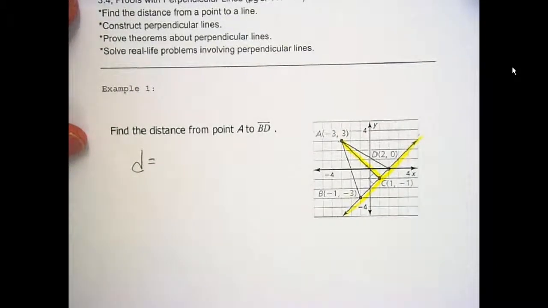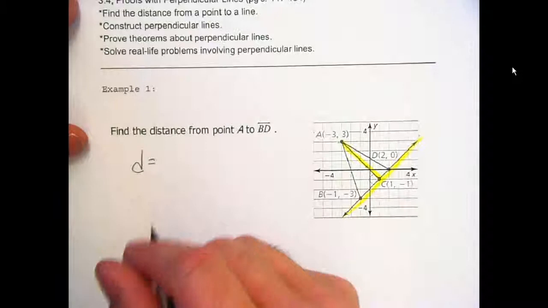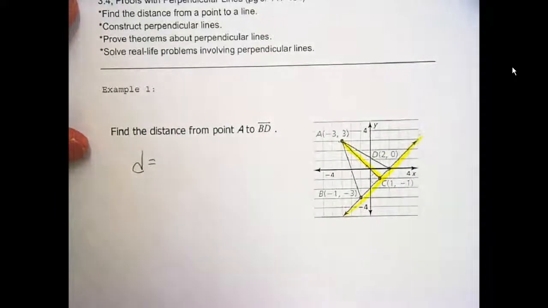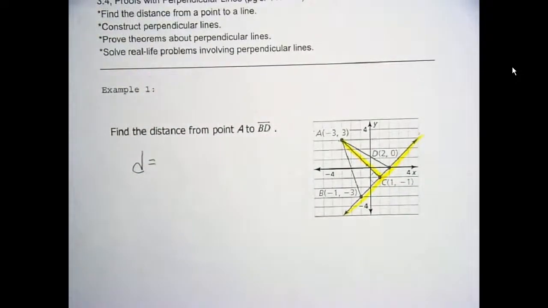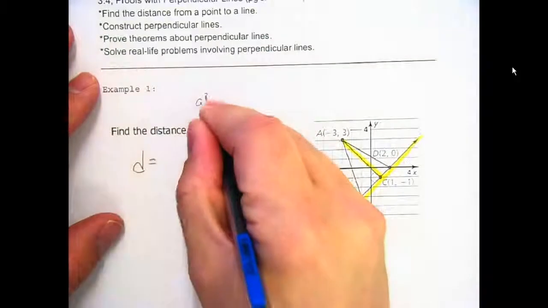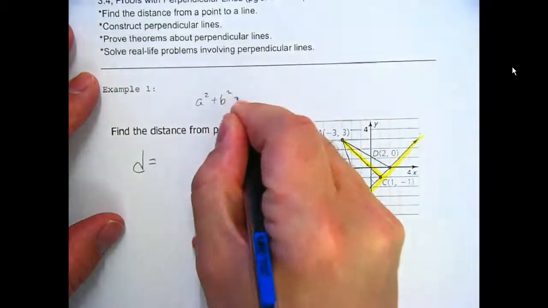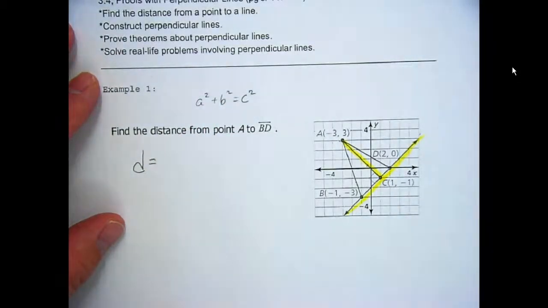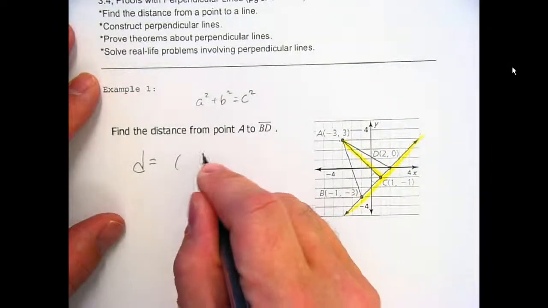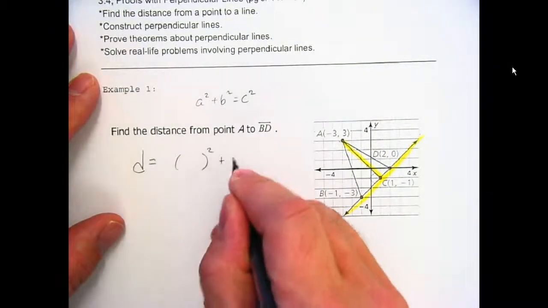Hunter, go. It is related to the Pythagorean theorem. So Pythagorean theorem, if you remember, is a squared plus b squared equals c squared. So it's related to the Pythagorean theorem. We are squaring two sets of things that we're adding together.